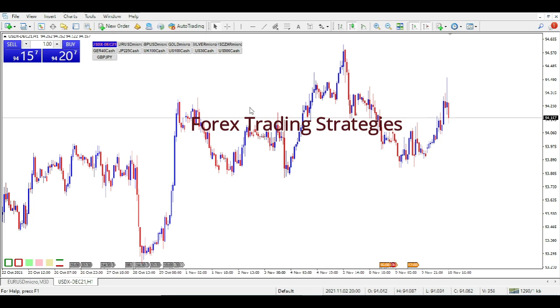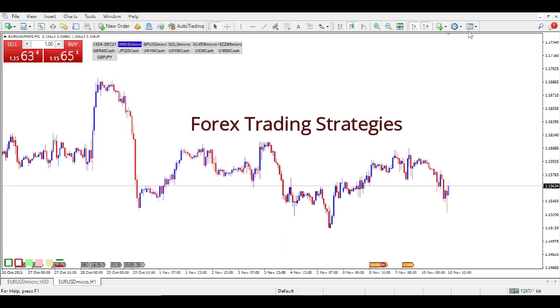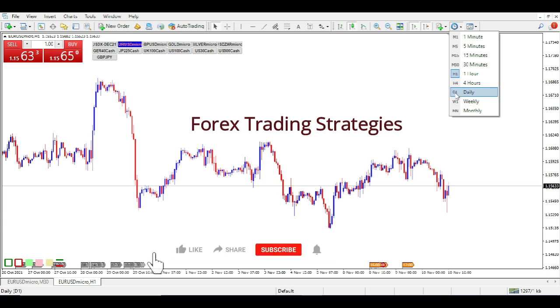What you find when you first trade the euro USD is that it's so tied to the US dollar, like, yeah, it's euro versus dollar anyways.